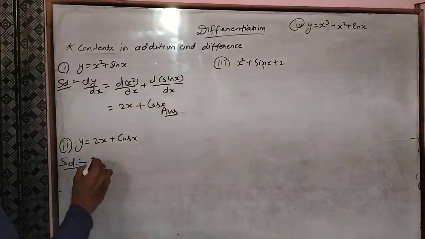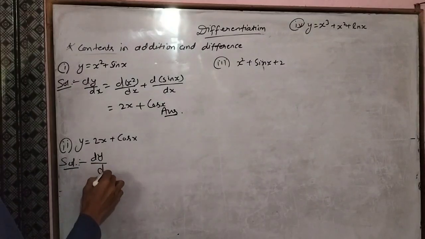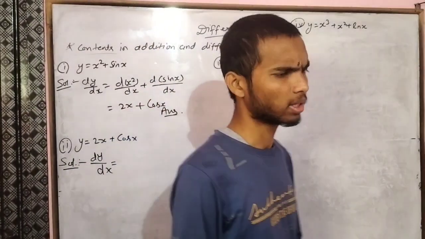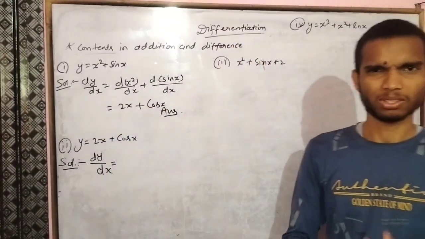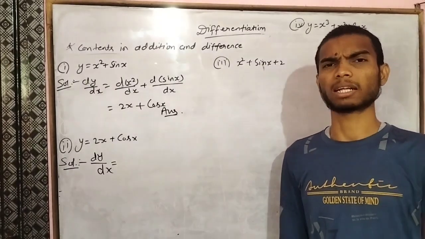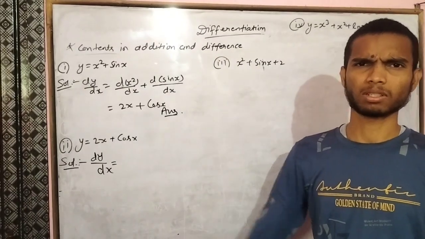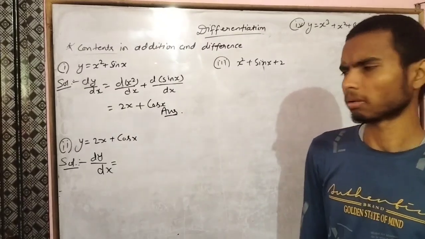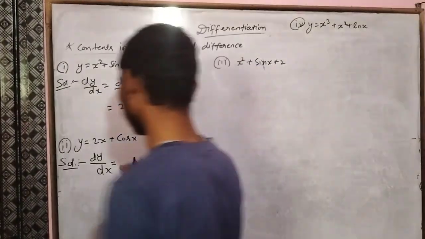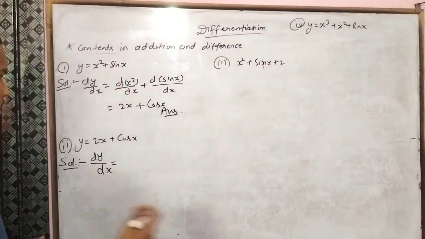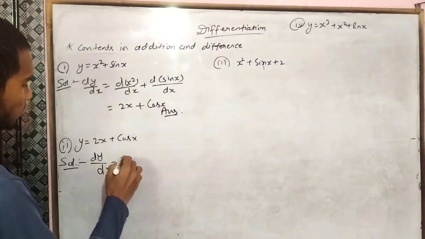Here we can observe as well that we can have three terms, four terms, five terms. So we don't need to worry. We will just write each term and differentiate.